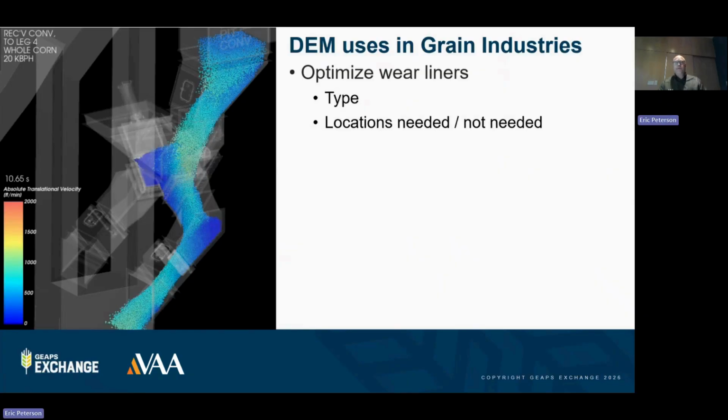The other thing you can do with DEM is you can optimize wear liners. I mean, we often put a much greater percentage of the surface of spouting lined than actually needs to be lined because, for instance, many of us know, it's been well established that on a long spouting run, as the grain speeds up because of gravity and velocity and reaches closer and closer to that terminal velocity, the pile that might have been very high in the spout, even after 4 or 5 feet, can cut down to half the spout height.